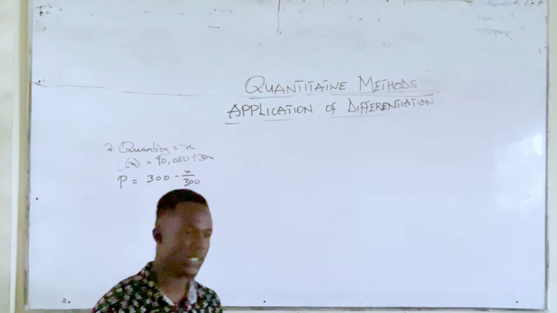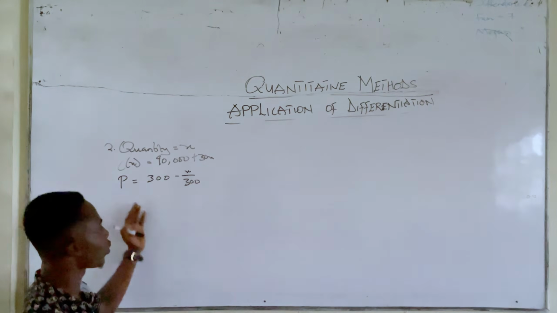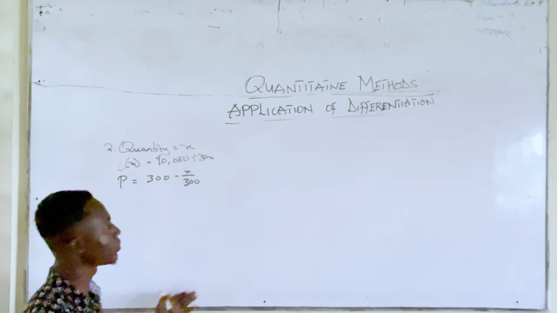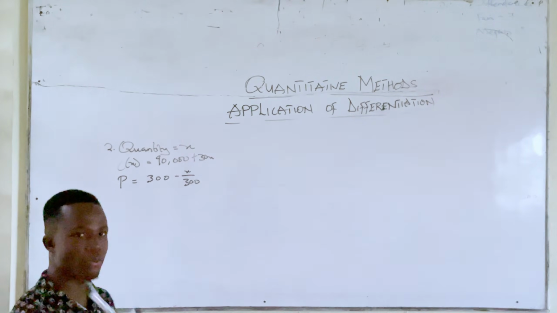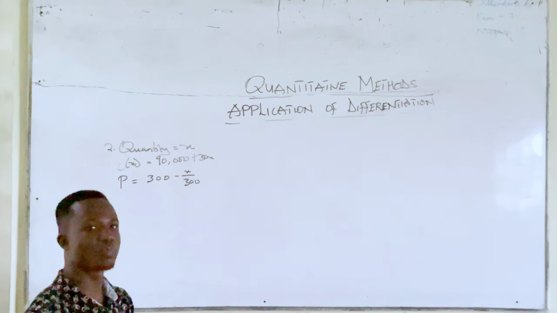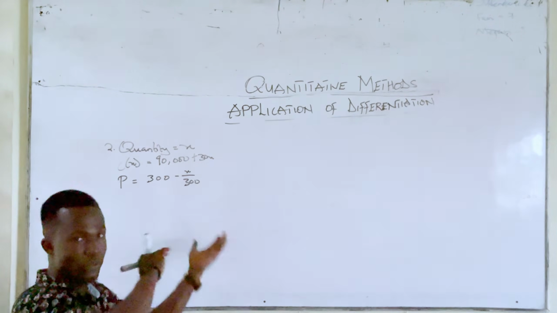So from the previous example, we are going to apply the same procedures. I'm going to solve the maximum revenue, and I will leave the maximum profit, the level of production and the price for you to also solve using the previous example.